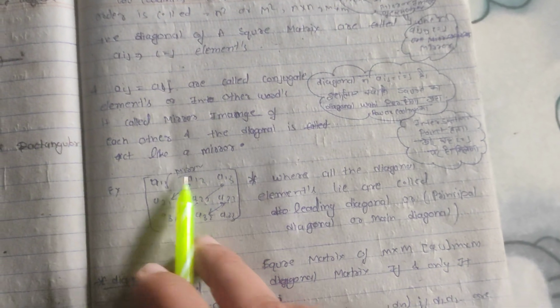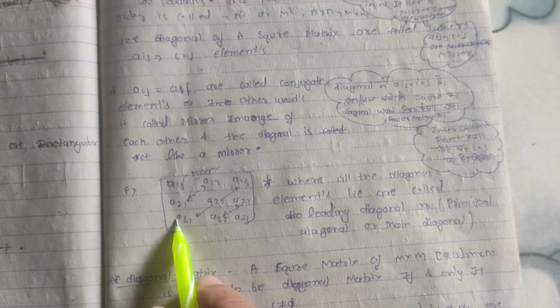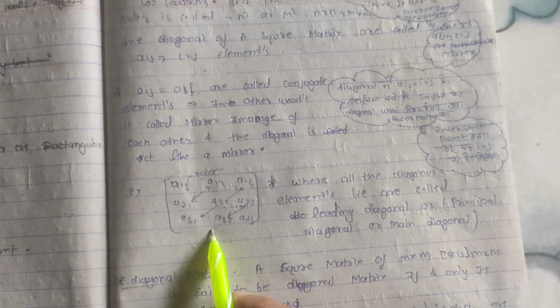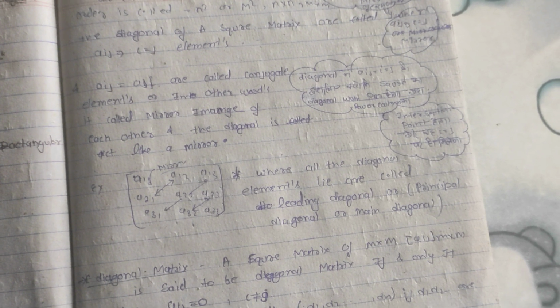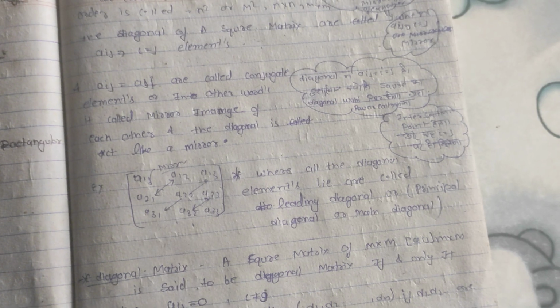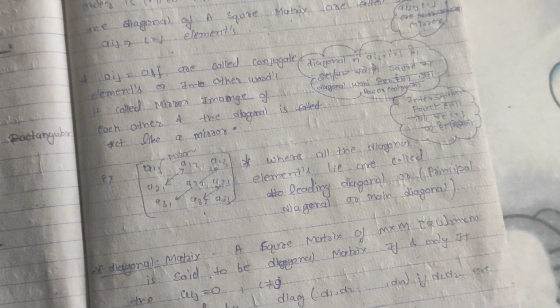Some examples: a12 and a21, a13 and a31, a23 and a32, like a mirror image. The line where all the diagonal elements lie is called the leading diagonal, or principal or main diagonal.